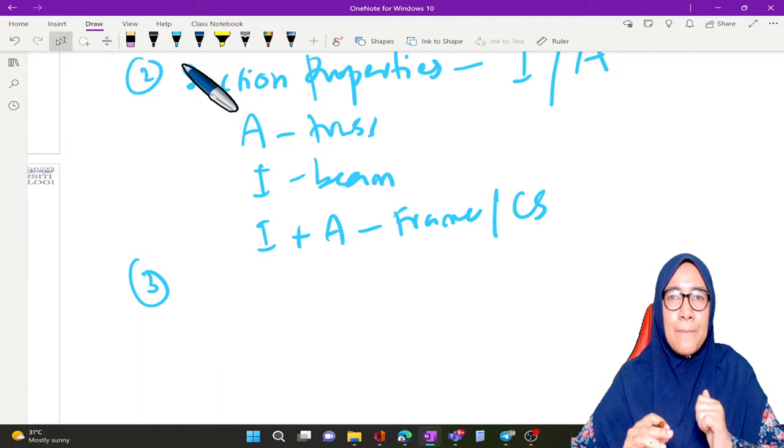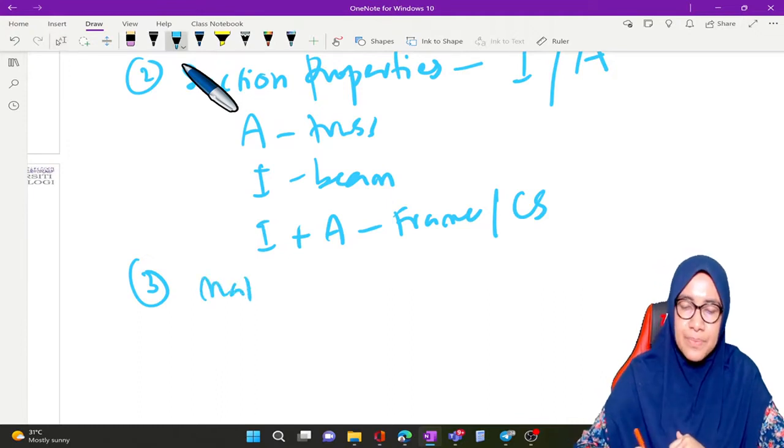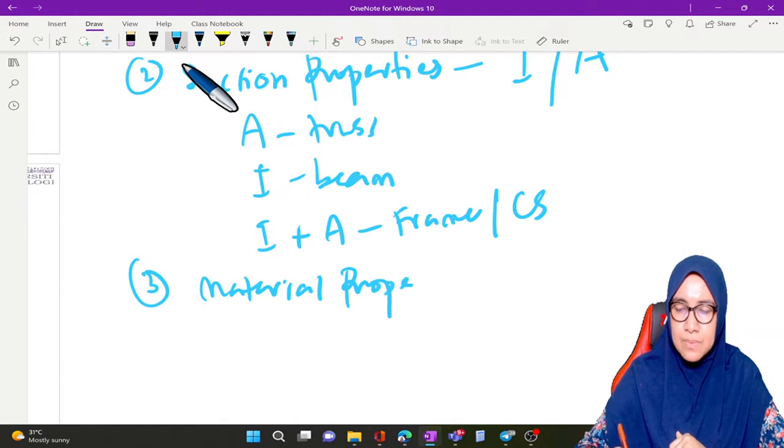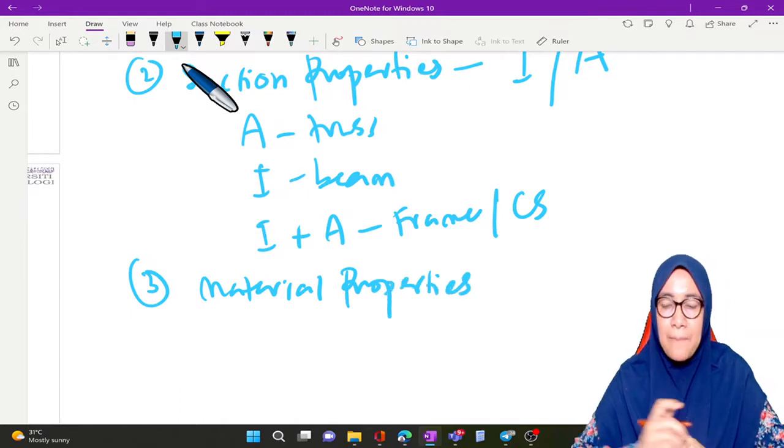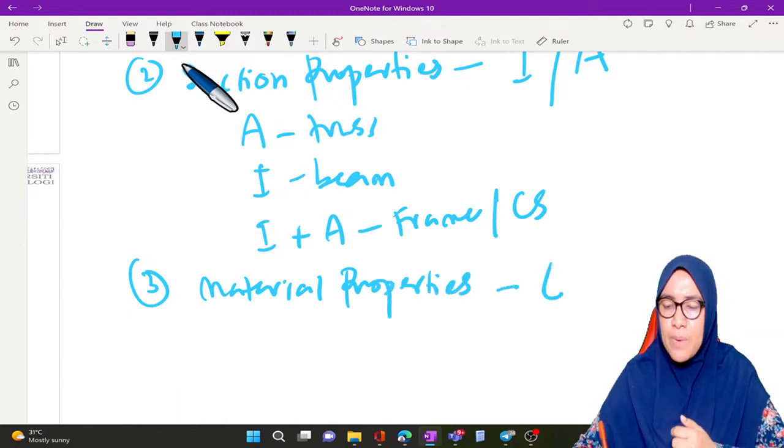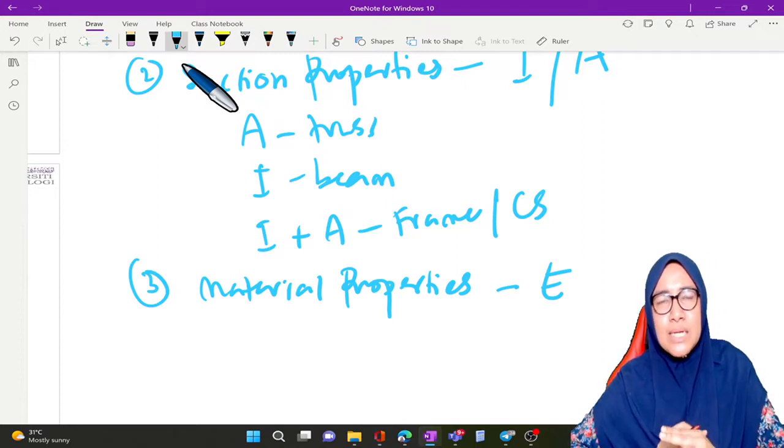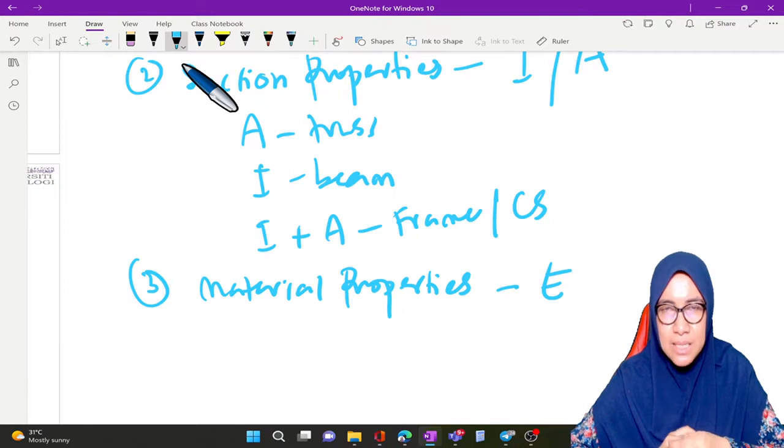Number 3 is called material properties. What is material properties? It is Young's modulus, the modulus of elasticity.